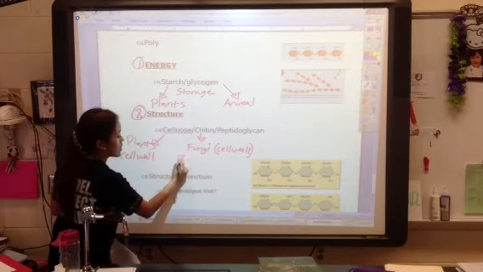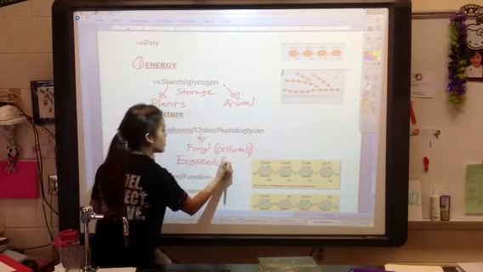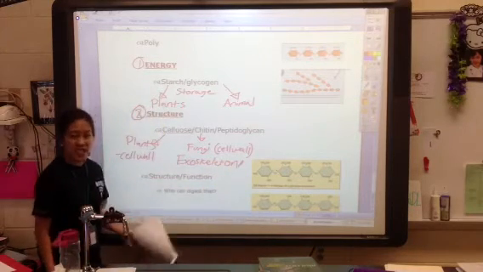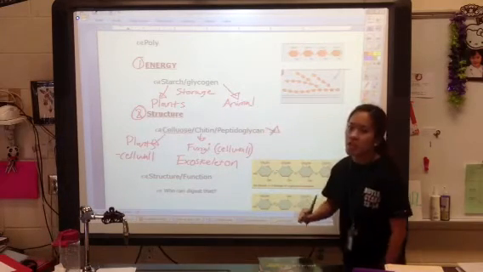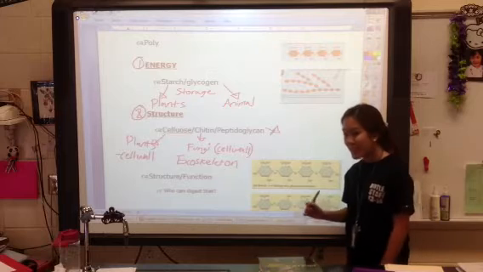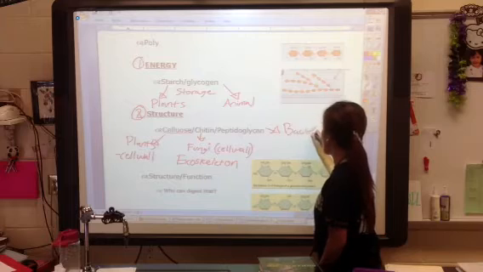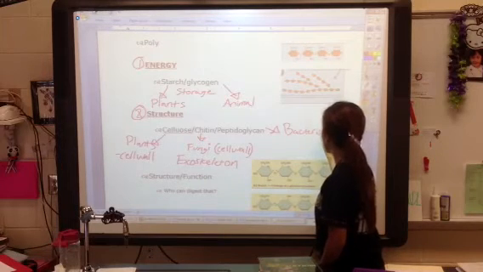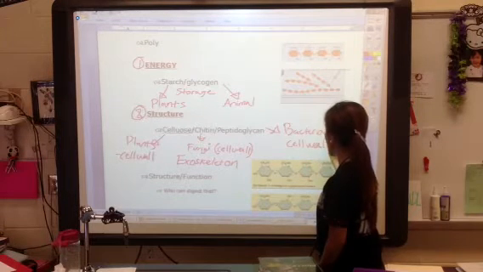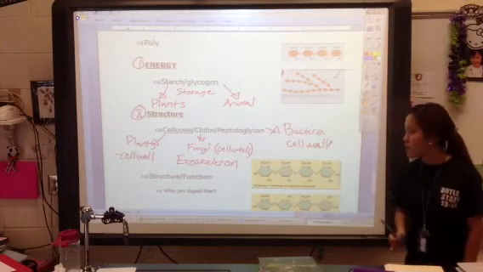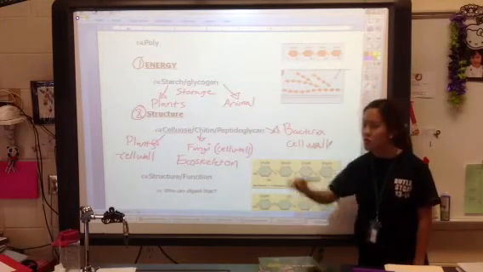And we also have chitin found in the exoskeleton of crustaceans and insects. And the last one for structure is peptidoglycan. And peptidoglycan is found in the bacteria cell wall. Okay? So there are three types of carbohydrates that are used as structural functions.